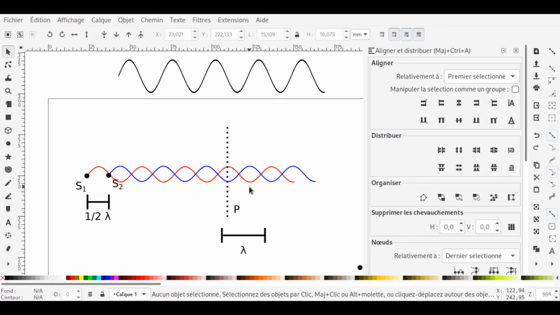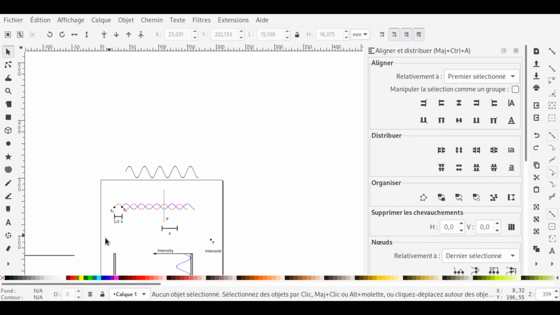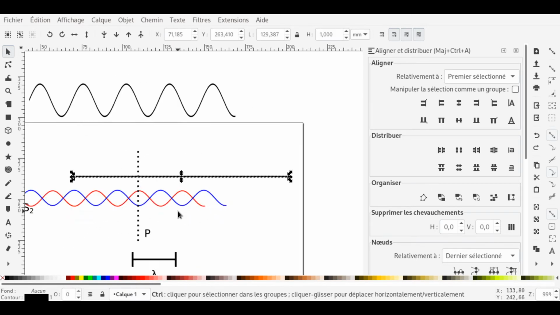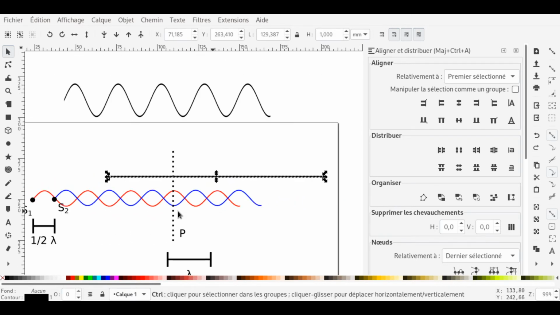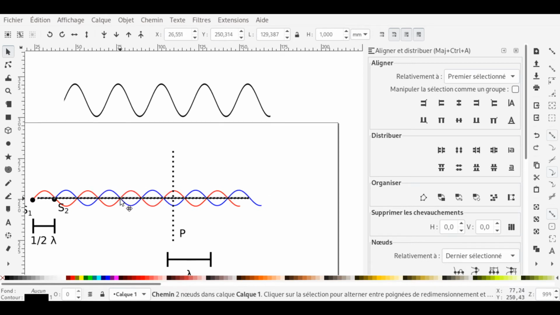So whenever I place the two sources like this, and if I added up the two waves, I'd have something that is 0 everywhere. This is destructive interference. The two waves cancel each other.